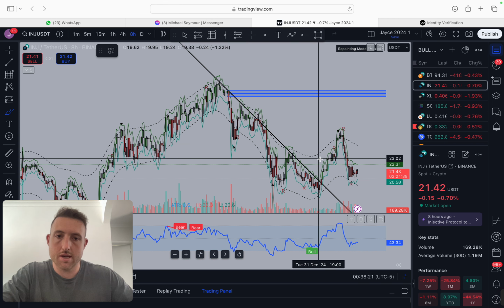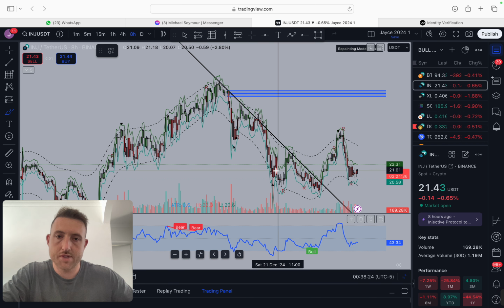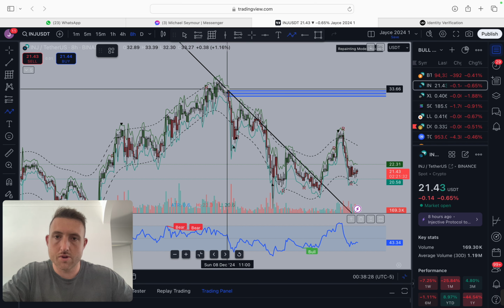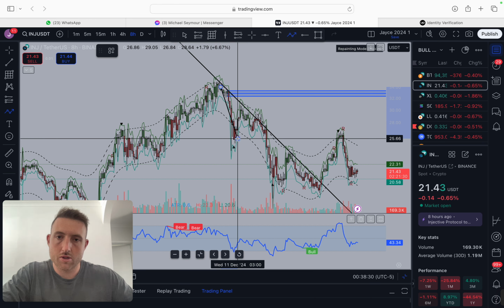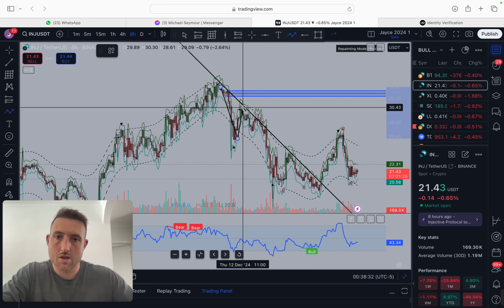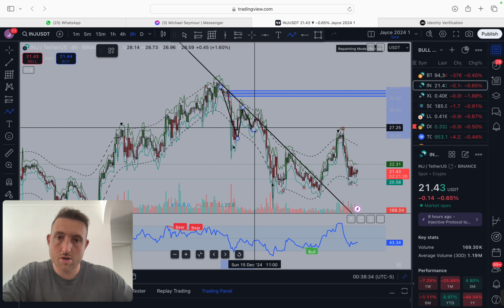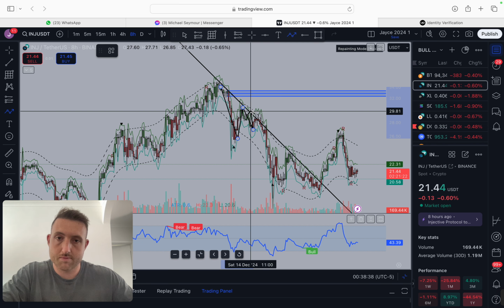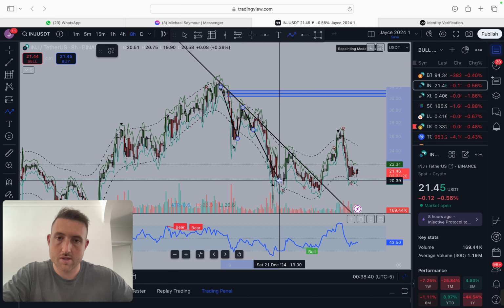And right here, I'll show you the same pattern that's gone on. We've gone lower low, lower high, lower low. It's probably more like this.